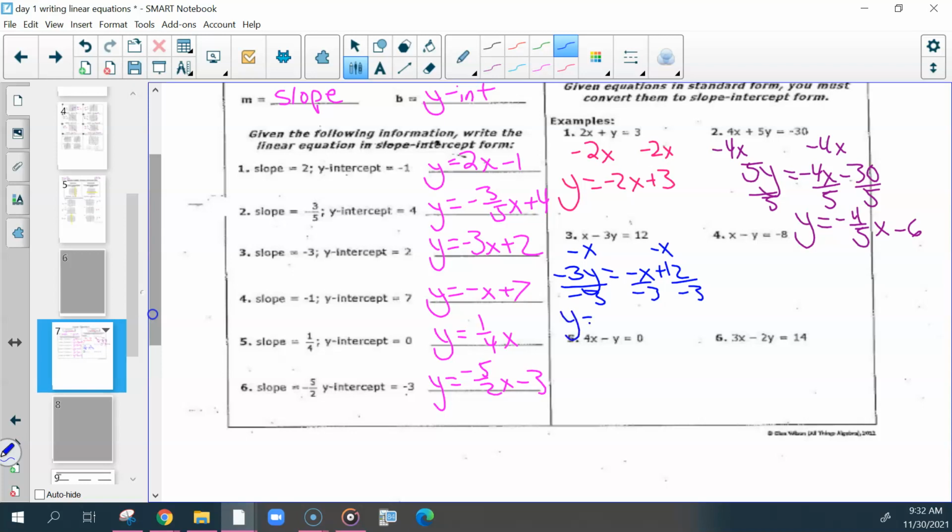So our equation would be y equals 1/3 x minus 4. Take the next 5-ish minutes and do the other 3, and then we'll come back and we'll check them.